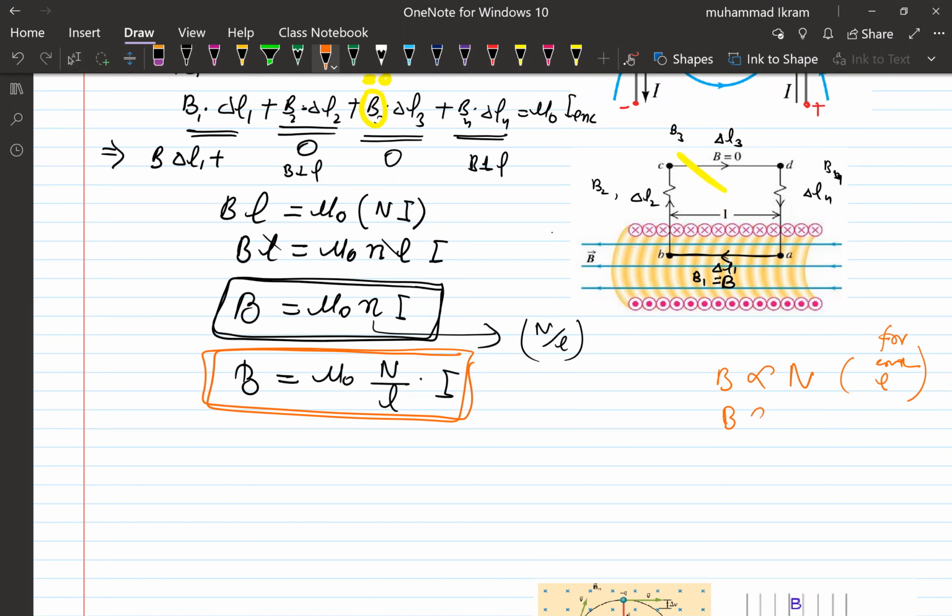And B is inversely proportional to the length, right? For constant N. So if you don't change the number of turns and you only increase the length, what happens? B becomes smaller. So this can be used to calculate the magnetic field and the magnetic induction for a solenoid, right?